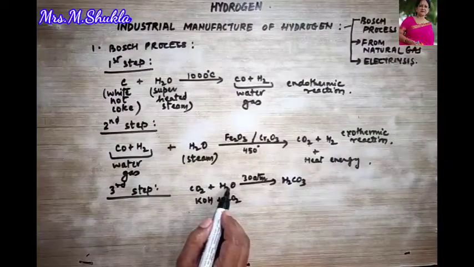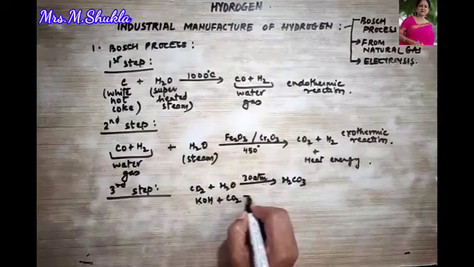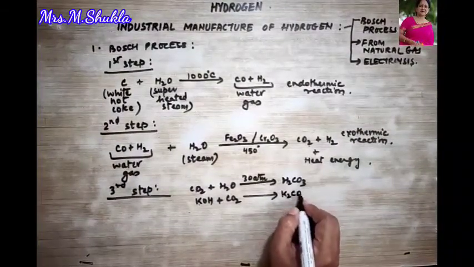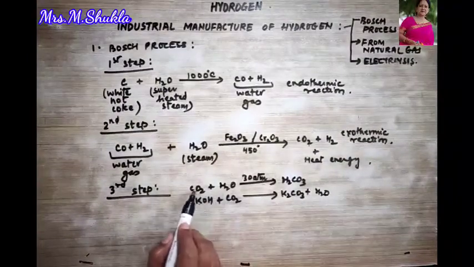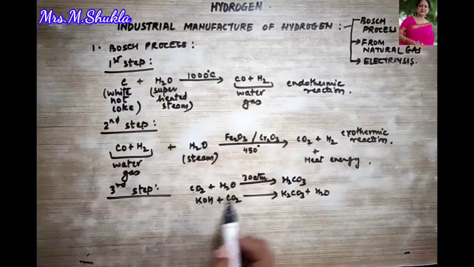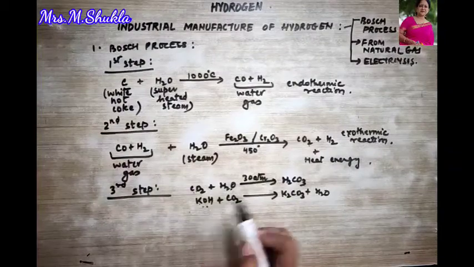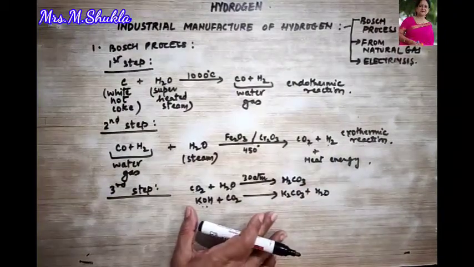With cold water also carbon dioxide will be removed. With KOH also you can remove carbon dioxide, and this forms K2CO3 plus H2. So what did you get in both the cases, whether using cold water or using caustic potash? You are obtaining hydrogen. So this is one way of separating.